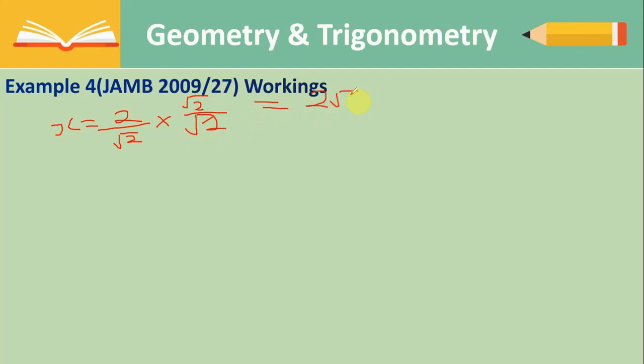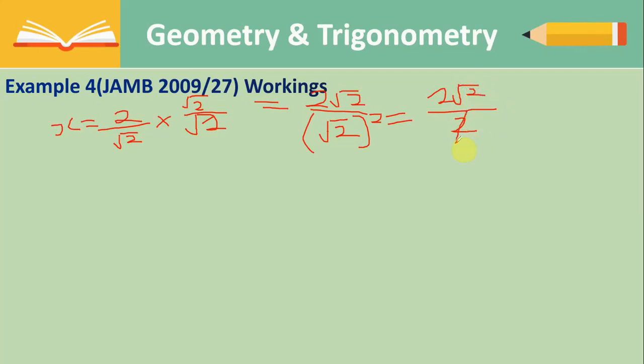I hope you are following the steps. Over root 2 squared. And like I said, square and root are like enemies, so they take each other out. Then what I will have left is 2 root 2 all over 2.